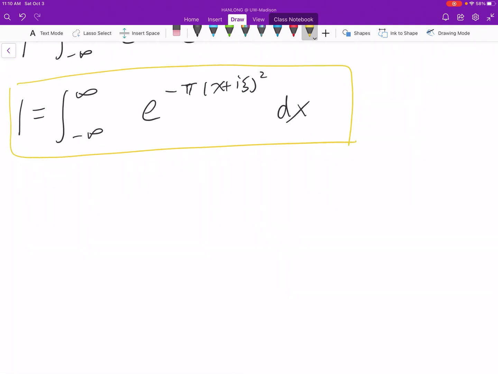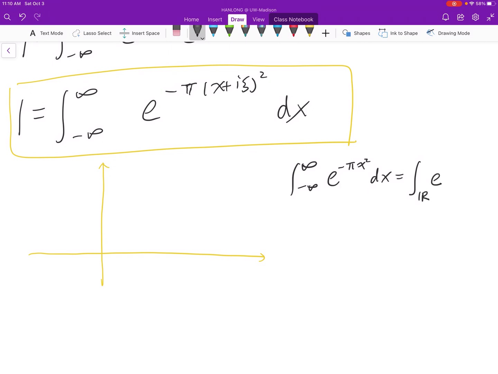Of course, the formula is very familiar to us, and if we draw a complex plane, you will see the original Gauss integration can be realized as the integral of exponential negative pi z squared dz along the real number line.